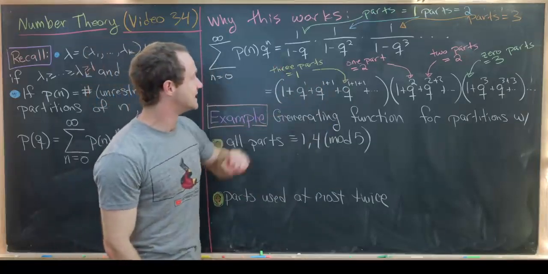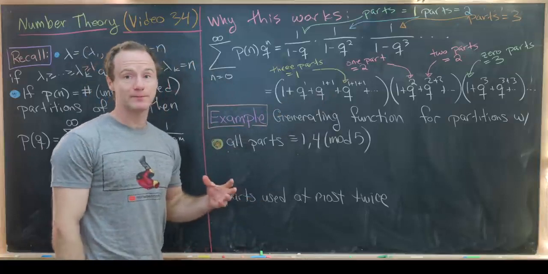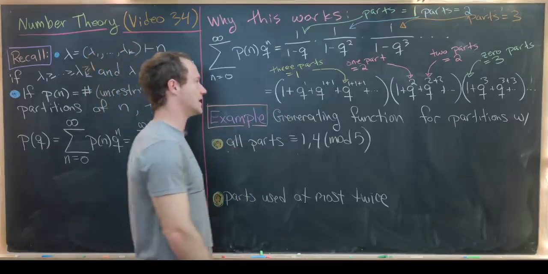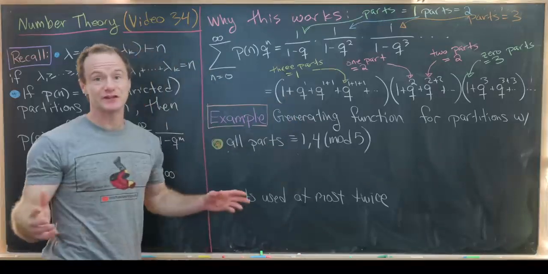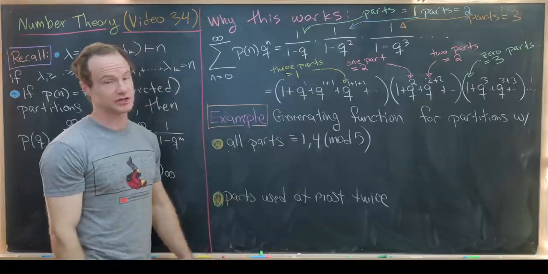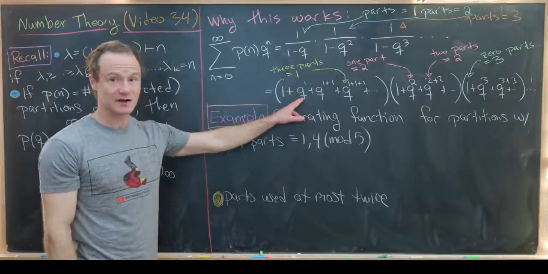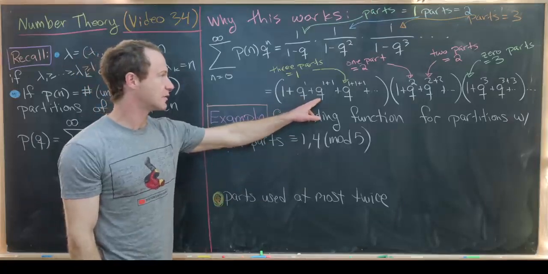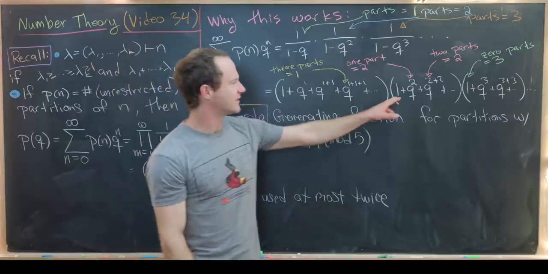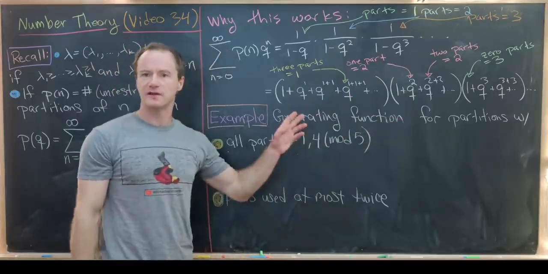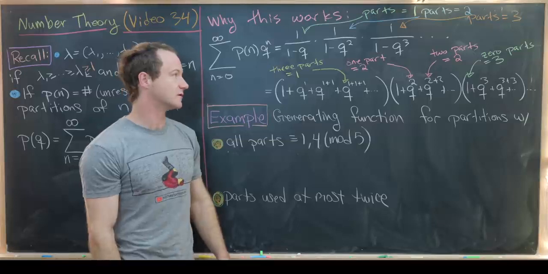And each of these controls how many parts of the partition are equal to 1. So this number 1 here corresponds to not using 1 at all in the partition. This corresponds to a single part which is equal to 1. Here we have 2 parts equal to 1, 3 parts equal to 1. And then we've got similar rules for 2, 3, 4, 5, 6, and so on and so forth.